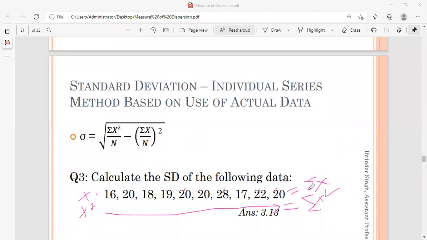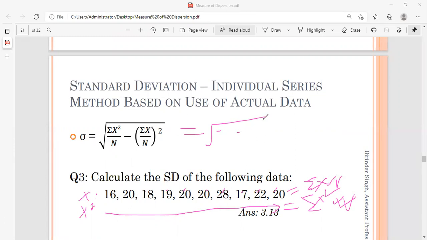So now you have the sum of all data points, that is sigma X, and the sum of the squared data points, that is sigma X square, and the value of n is also known. Simply put their values here. Sigma X square, this is the value. You put here, n is 10. Again, minus the value of sigma X, which should be squared here.